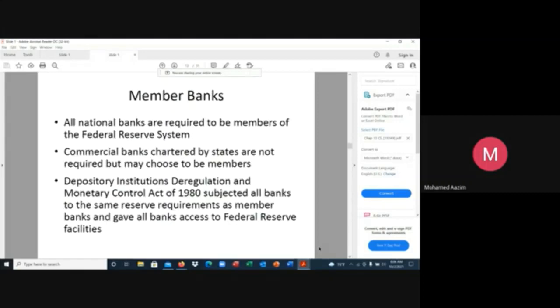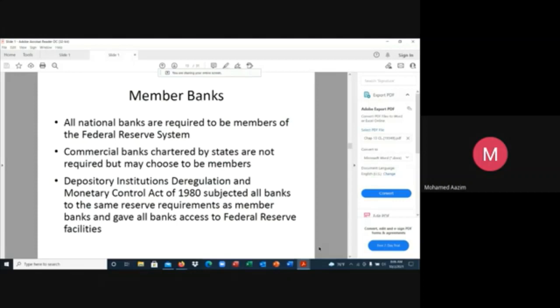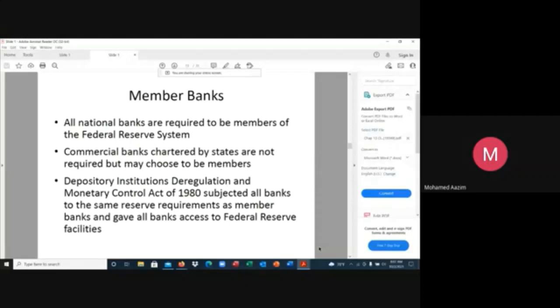Then you also know in the case of the US, the member banks exist. The banks in that region are the members of their central bank. Naturally, all national banks, the banks which have borders beyond the regions, are members of the Fed Reserve System. But the state chartered commercial banks are not required to, but they can become members.